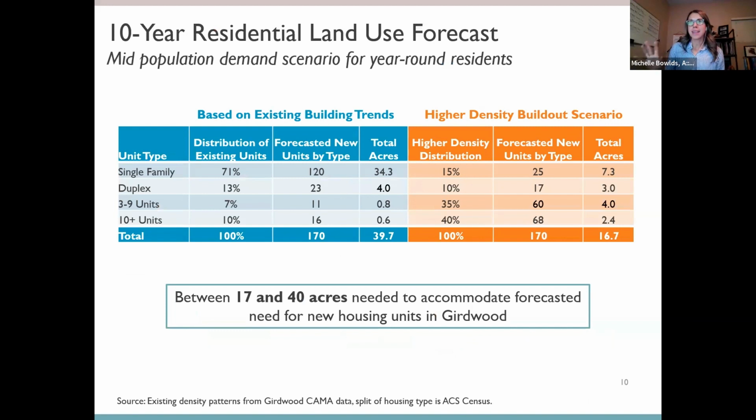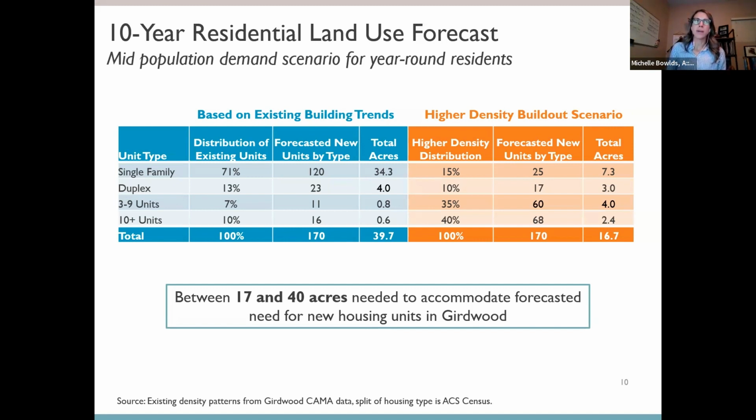We then take that housing unit estimate and translate that into the residential land use forecasts for this study. Again, it can be arranged depending on growth and build out scenarios. So we look at the mix of existing building trends in the community, which tends to lean heavily towards single family units, with over 70% of the existing units being single family.